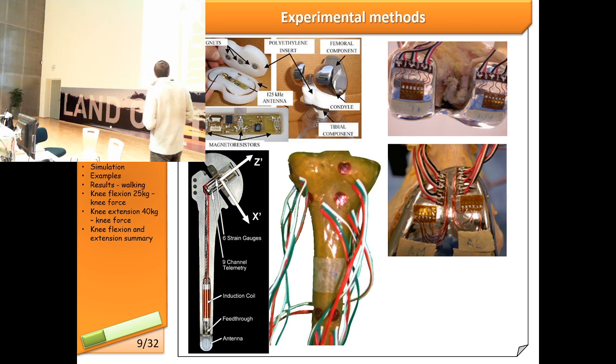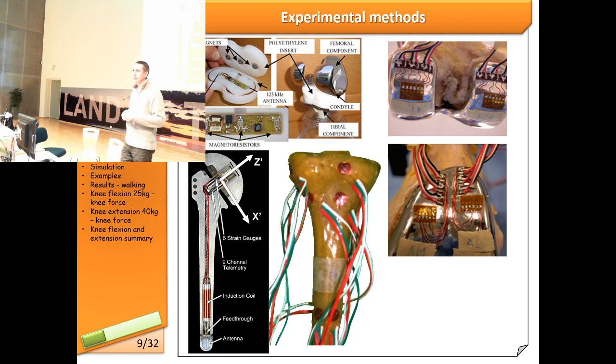Now here at the bottom, you have a sensor in the hip. That's a hip joint with a sensor which has an induction coil for feeding power to that sensor, and it has wireless communication of the data, and it measures forces and torques in the hip joint.